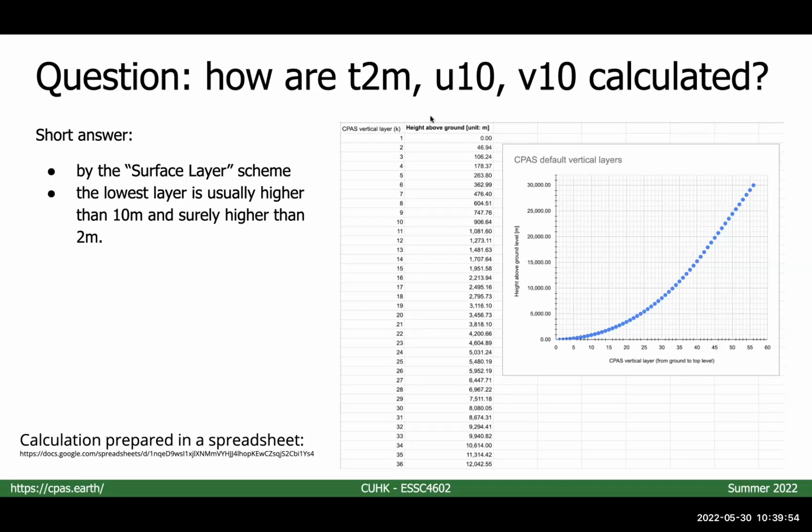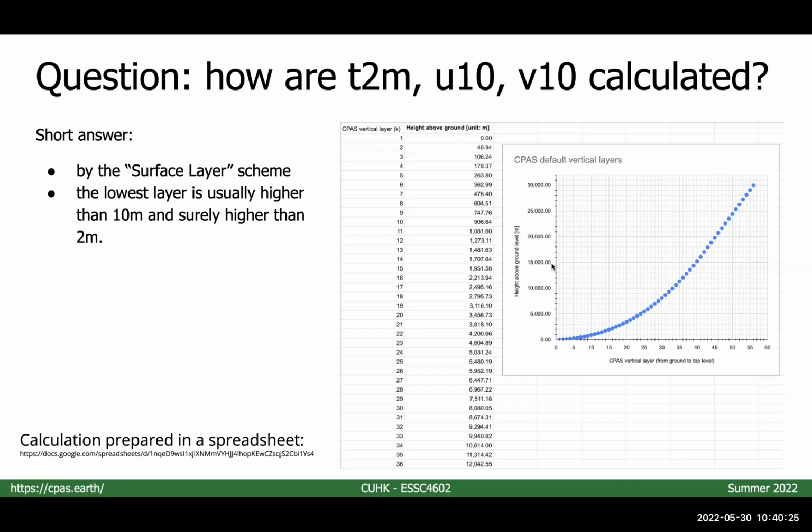And here is the most summarized form, the result. So this is the index of the layer, the 40th layer, not shown here. And then this is the resulting height above ground. And you can make a plotting like this. So for the 40th layer, which I showed you last lecture, you can look up, it is about 15,000 meters above ground level.